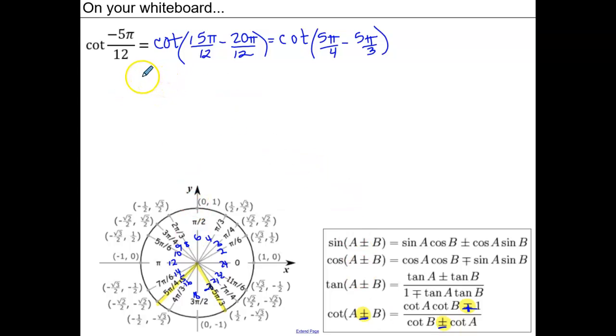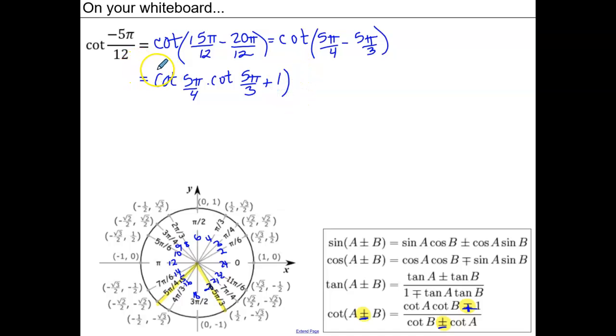Now we can apply that identity, and we'll have the cotangent of angle A, 5 pi over 4, times the cotangent of angle B, 5 pi over 3. Then that's a plus because we're using the bottom operation, a 1.